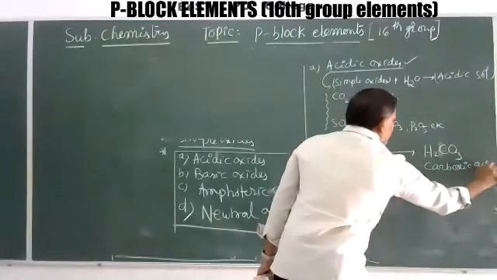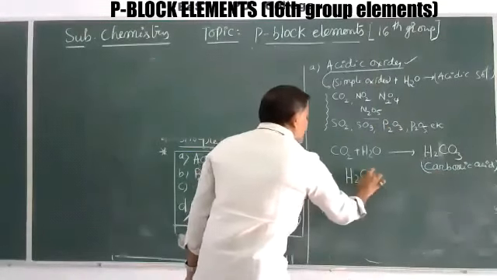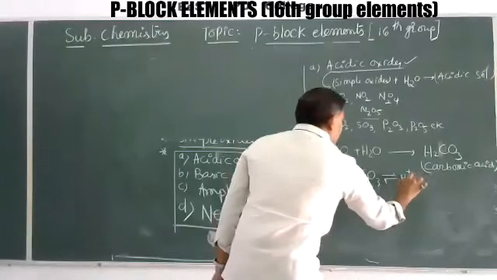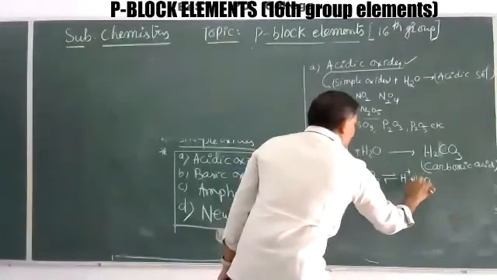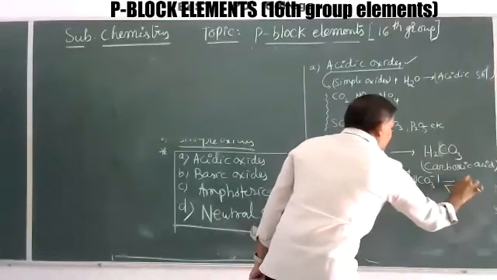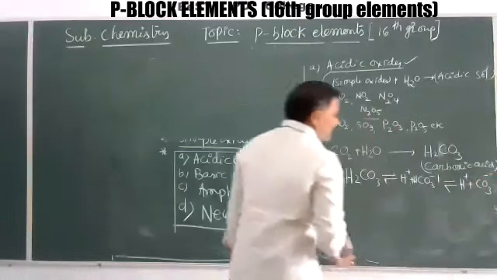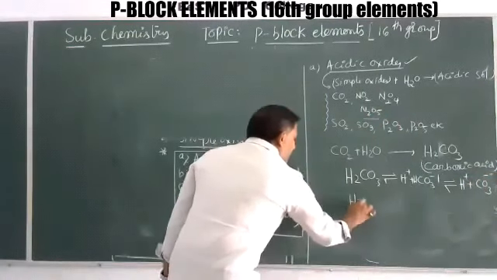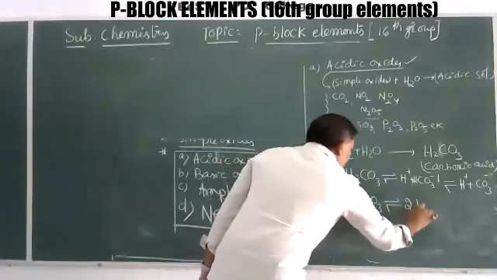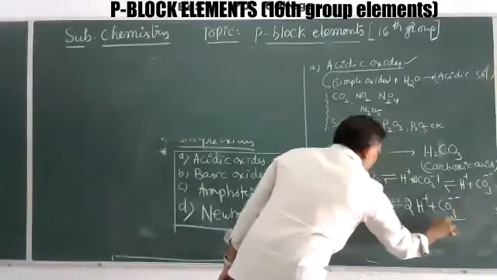That carbonic acid is acidic in nature, because H2CO3 ionizes and gives H plus and HCO3 minus. This is again decomposed, it gives H plus and CO3 2 minus. Finally, H2CO3 ionizes and gives 2H plus and CO3 2 minus.